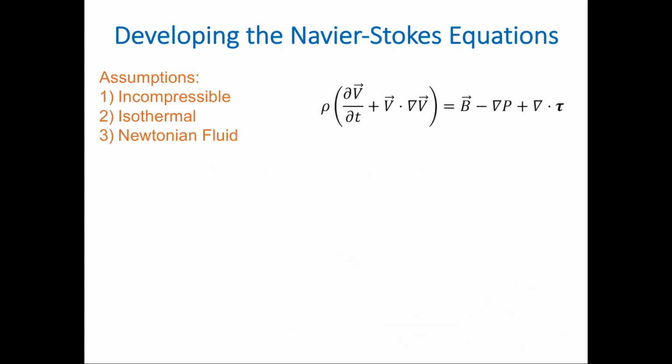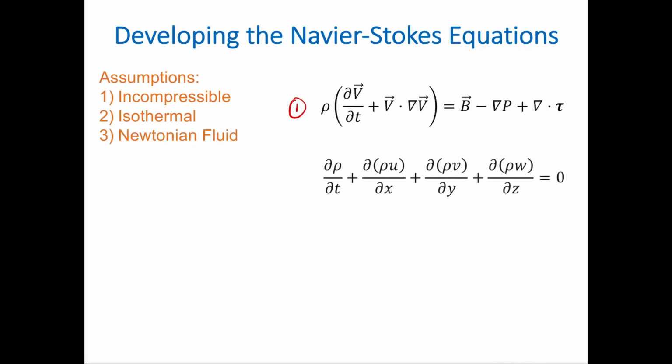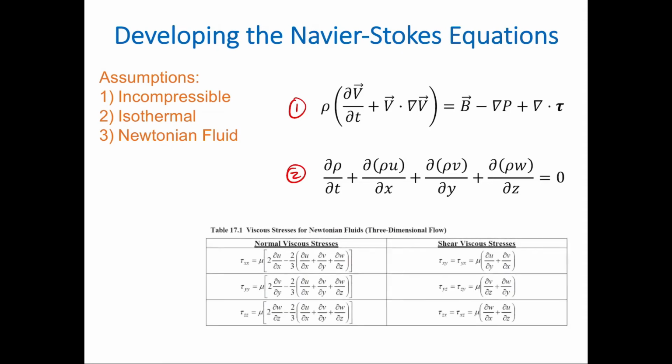Now, if we go back to that equation of motion that we talked about earlier, this is, let's say, equation 1. This is our differential form of the equations of motion. We then have our conservation of mass equation, or what we call continuity. And then last, this table 17.1.